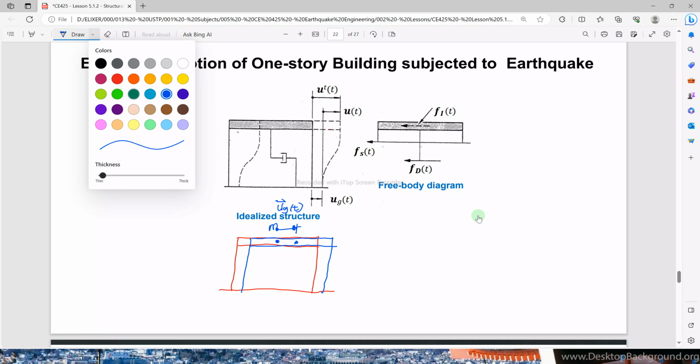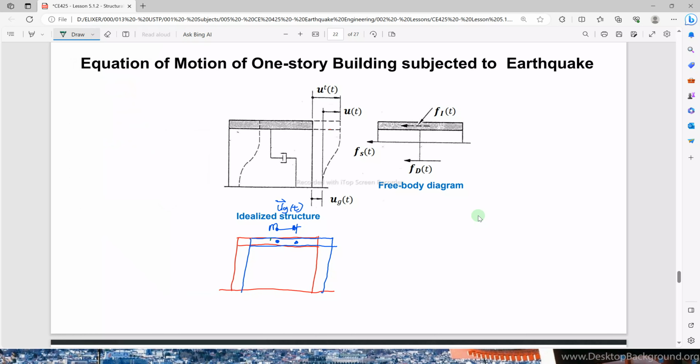Since ni-move man ang ato ang structure, mao na dito siya nga move sayaw na structure.